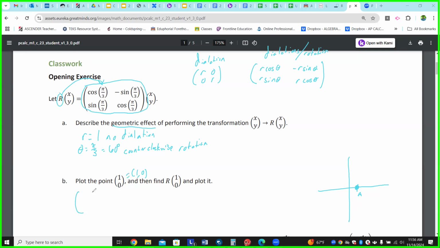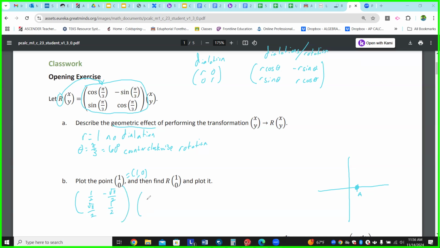So this just becomes 1/2 here. And obviously this will be 1/2 here. Then the sine of pi thirds, I would look at the y value, which would be the square root of 3 over 2. But here it would be negative square root 3 over 2, because that's where the negative is here. And then this would be just the square root 3 over 2. And so there's your 4 elements.